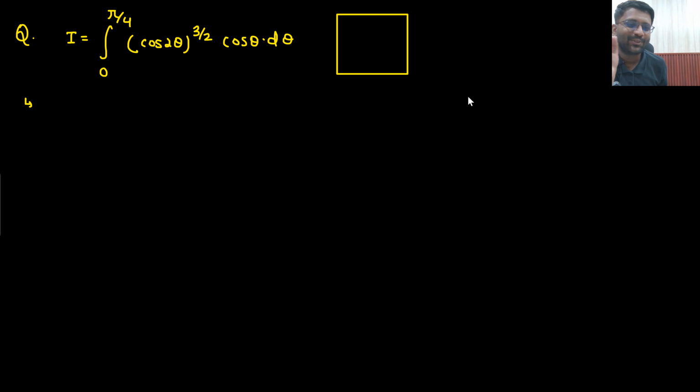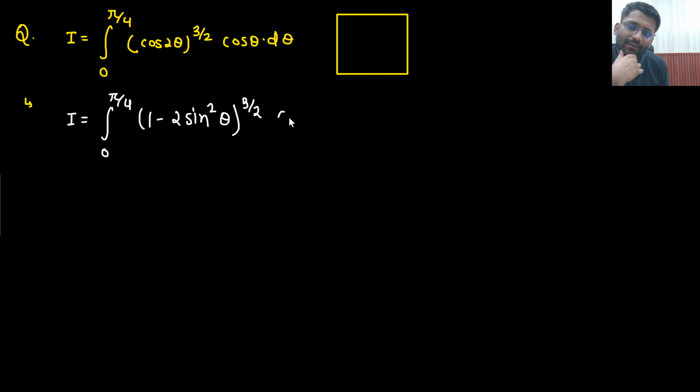So what I will do? 0 to pi by 4, 1 minus 2 sine square theta, correct formula, to the power 3 by 2 cos theta d theta.